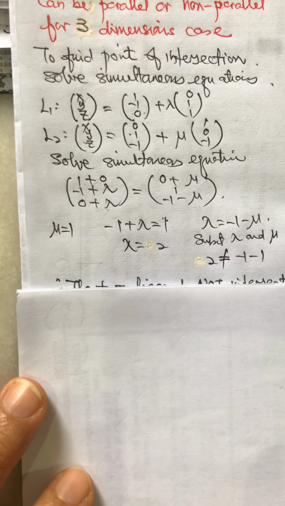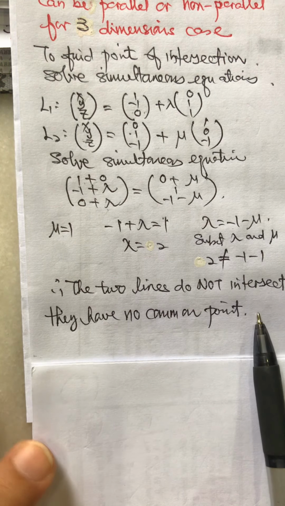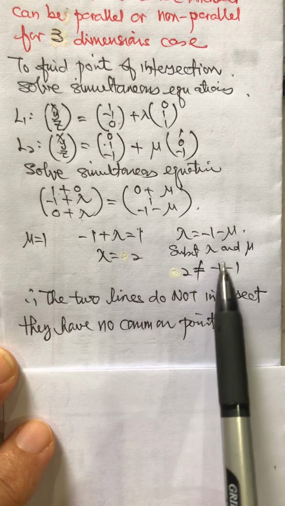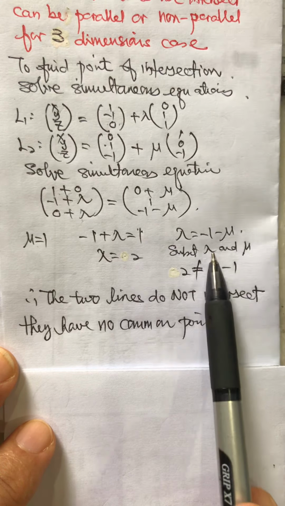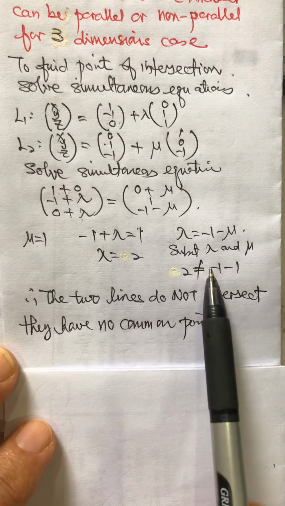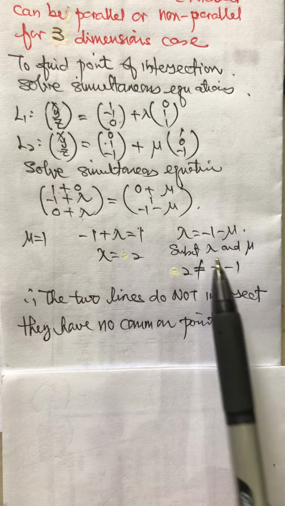Then only do they intersect. So the two lines do not intersect, so they have no common point. That's how you show they do not intersect, because mu and lambda are not consistent here. Mu is 1 and lambda is 2, but here they are not satisfied. That means we say they are not consistent.